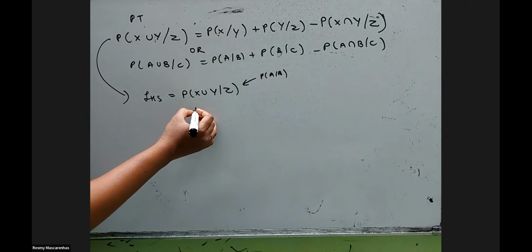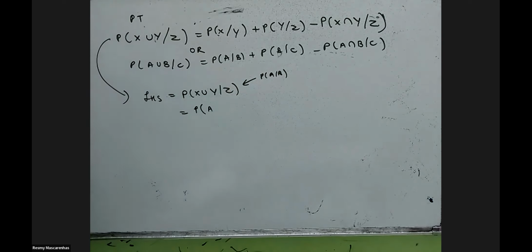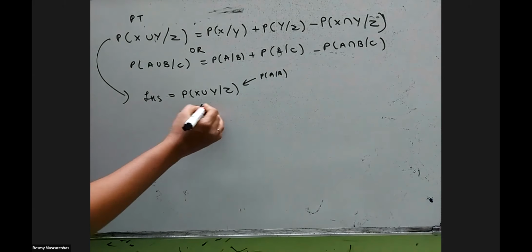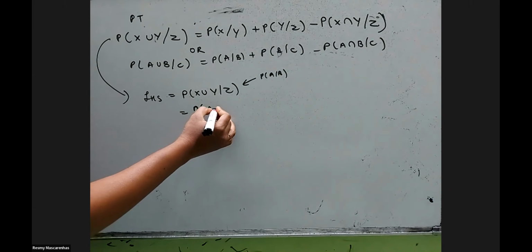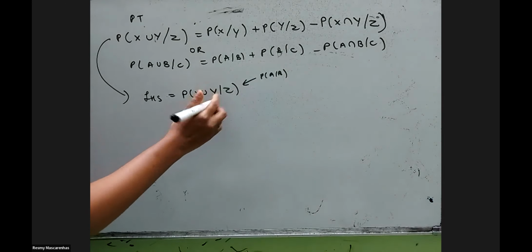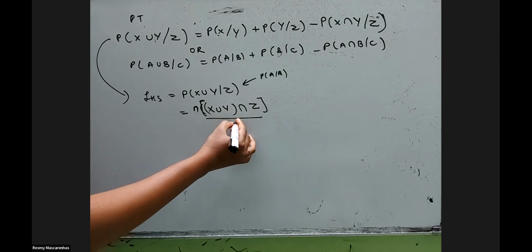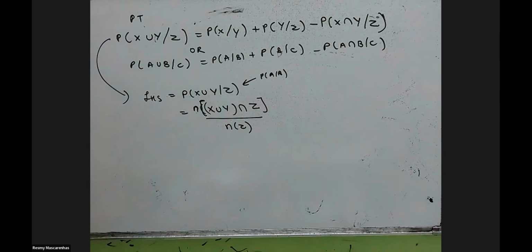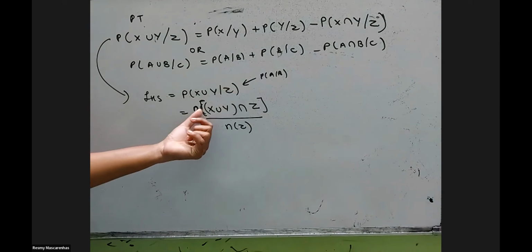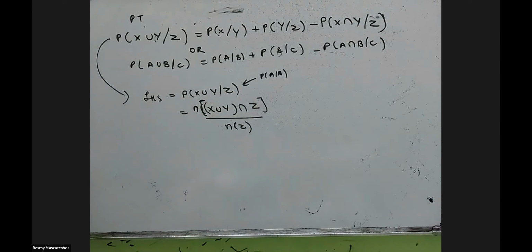So P of A upon B is P of A intersection B upon P of B. Here it is P of the intersection of Z with X union Y. This is the conditional probability theorem: A upon B is P of A intersection B upon P of B.